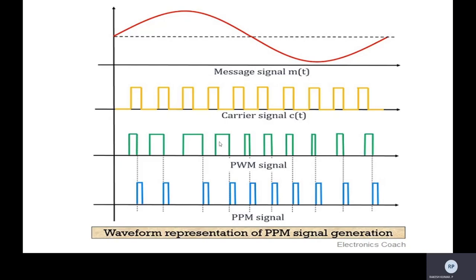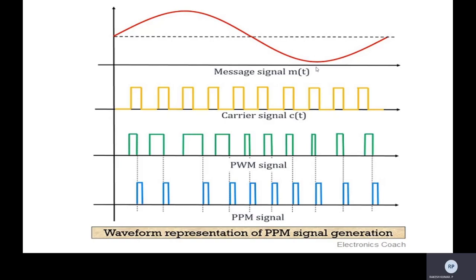What you want to notice from the diagram is that here the magnitude of the message signal is high, whereas here the magnitude of the message signal is low. Wherever the message signal has maximum amplitude, the pulse width of the final output is more.